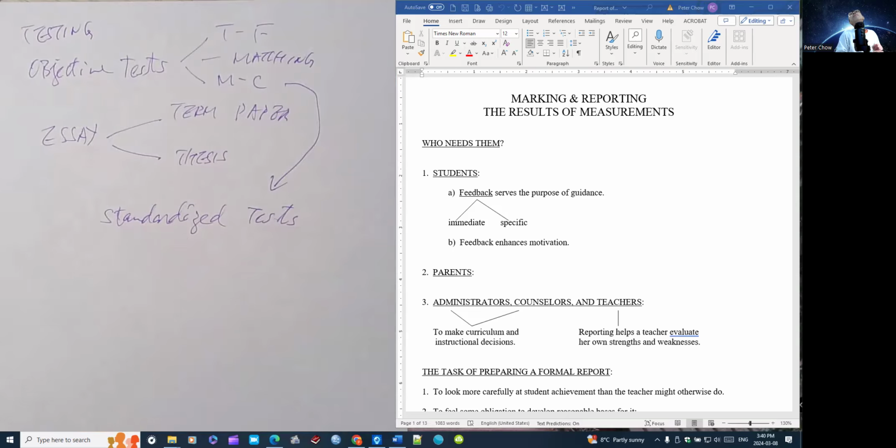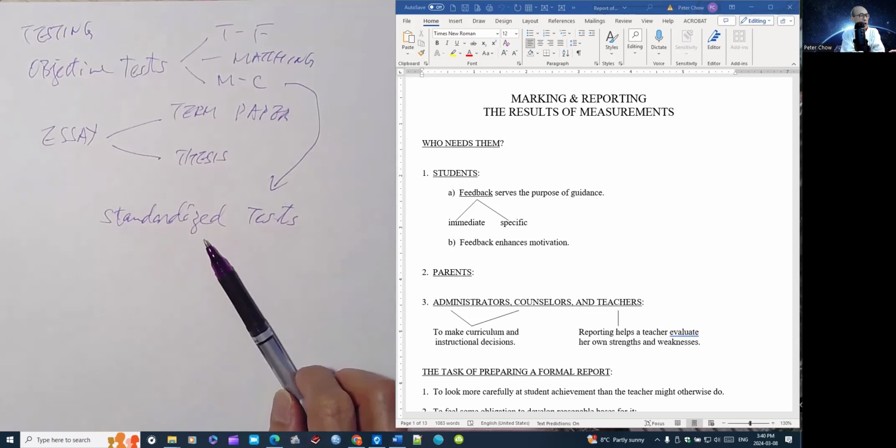Now, because of COVID-19, standardized tests have been abandoned in most university admissions in the United States and in Canada.